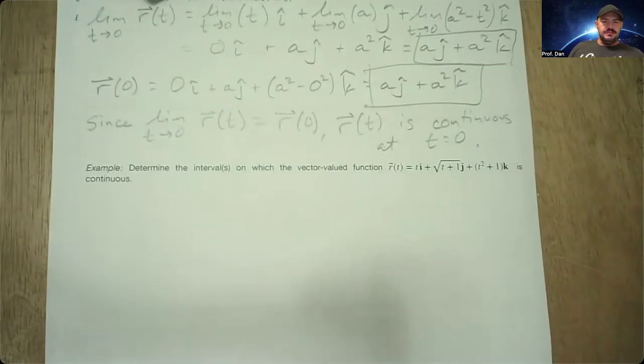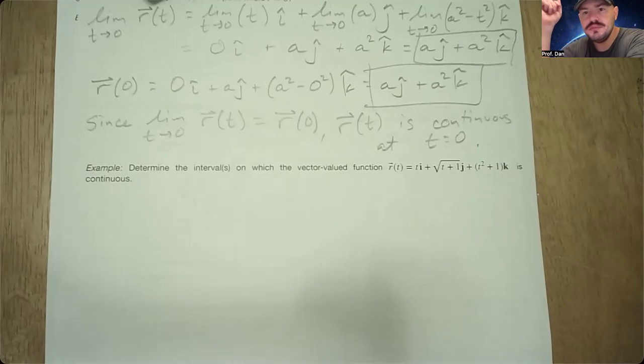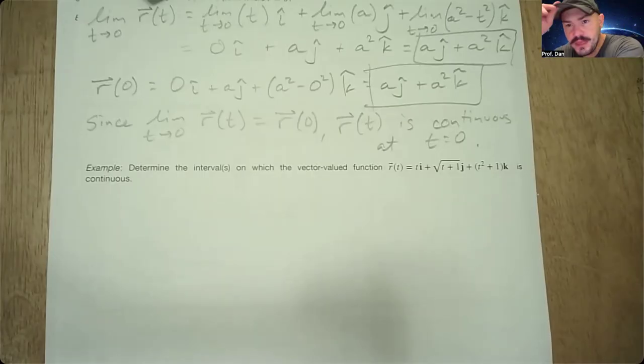Next example, we want to determine the intervals on which our vector valued function r of t is continuous. I'm not sure how your pre-cal, Cal 1, Cal 2 professors talked about this idea.